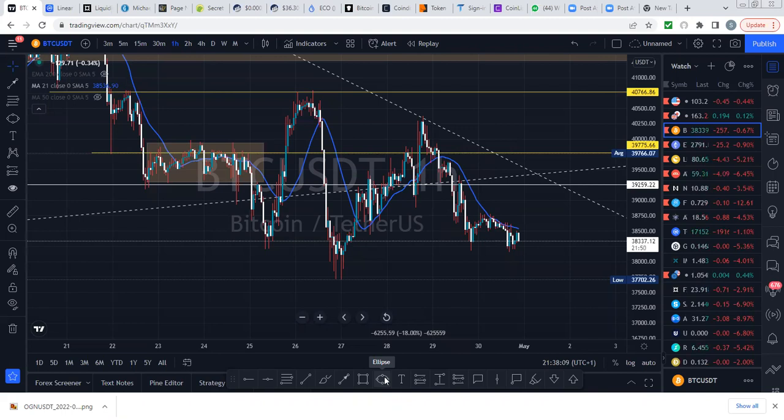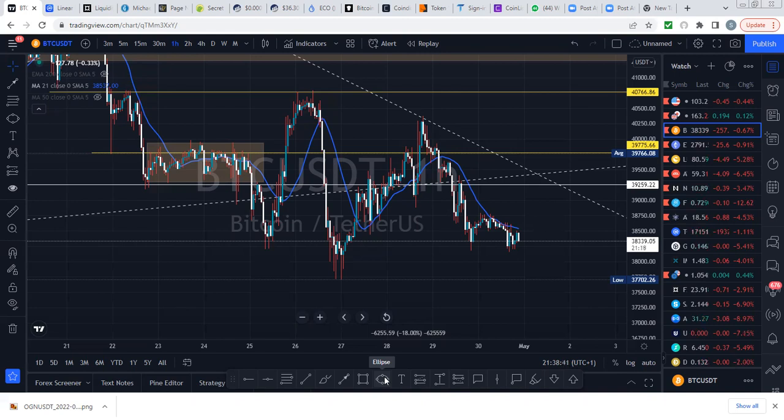You first of all check the direction of the market or the condition of the market. Is the market trending up or is it trending down? Then you now use support and resistance to find the key levels, to find those meeting points where buyers and sellers are in equilibrium.